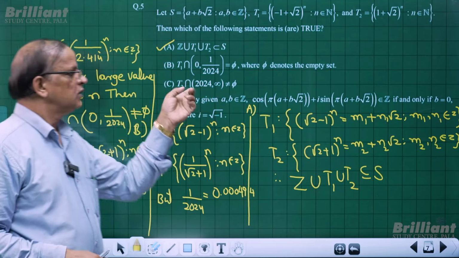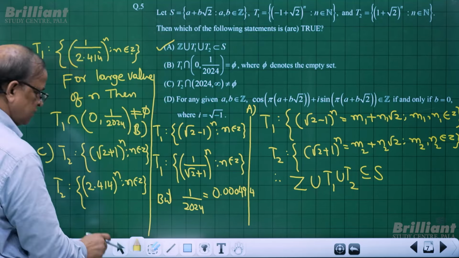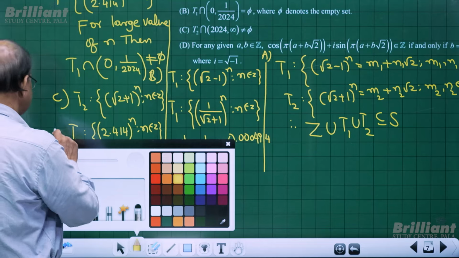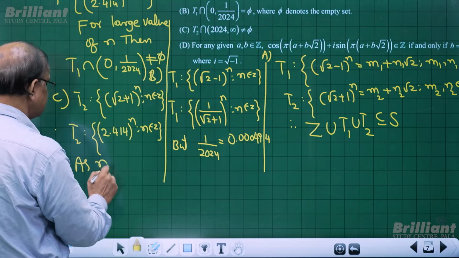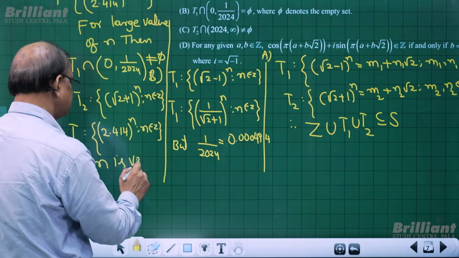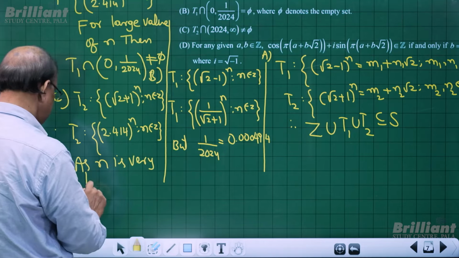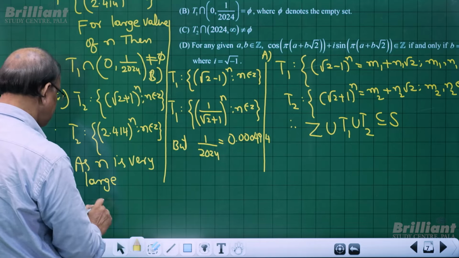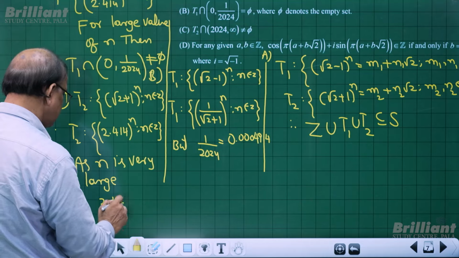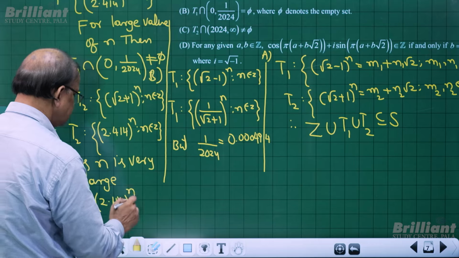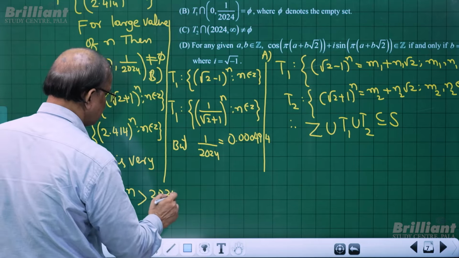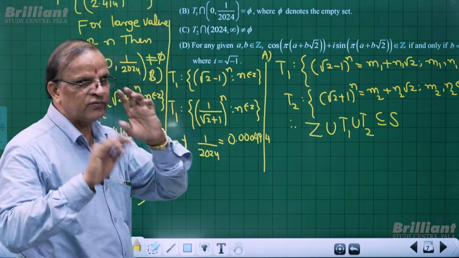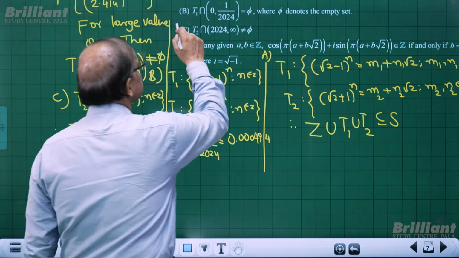Therefore, as n is very large, 2.414^n is greater than 2024. So not phi. So C is correct, the intersection is not phi, some common value is there. Therefore C is correct.